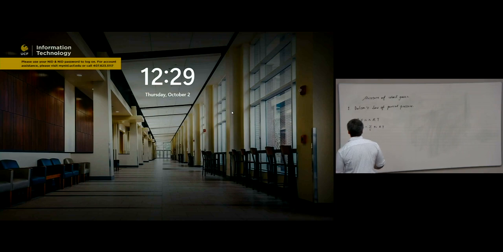Dalton's law of partial pressure tells us P = sum over i of P_i, where P_i is the partial pressure of gas i.